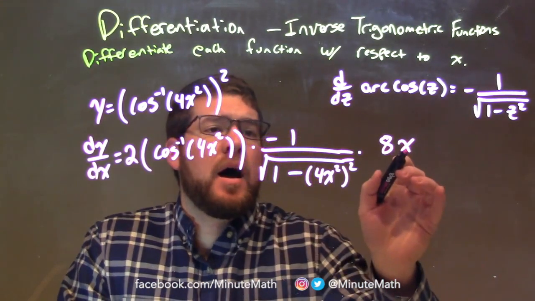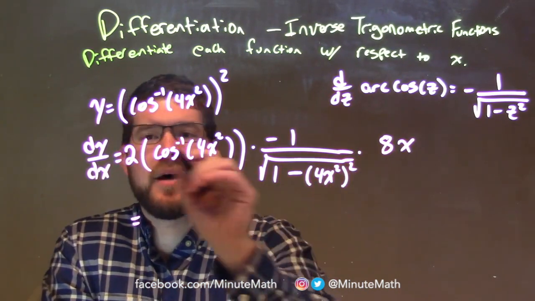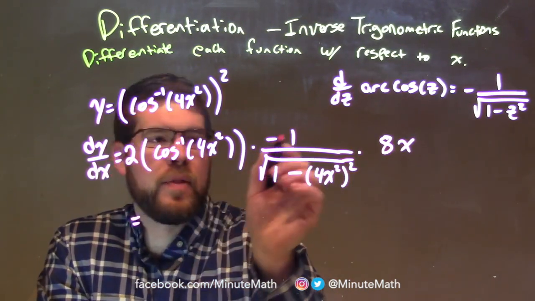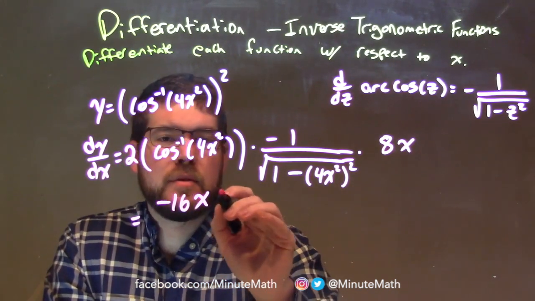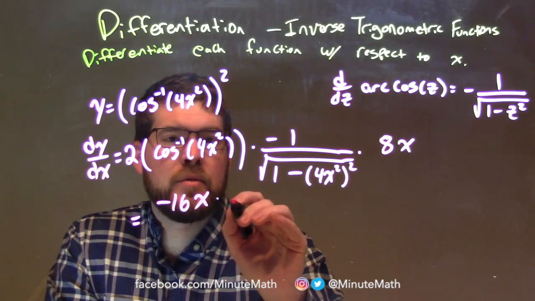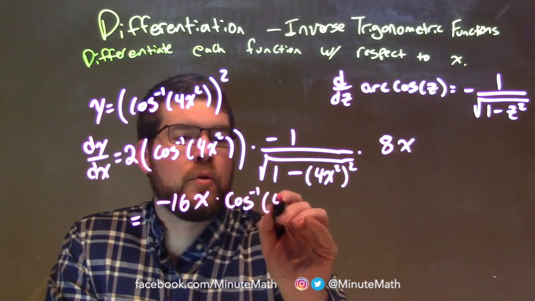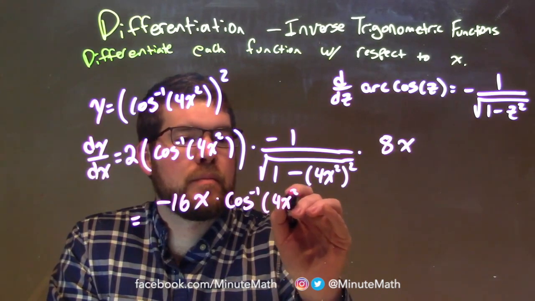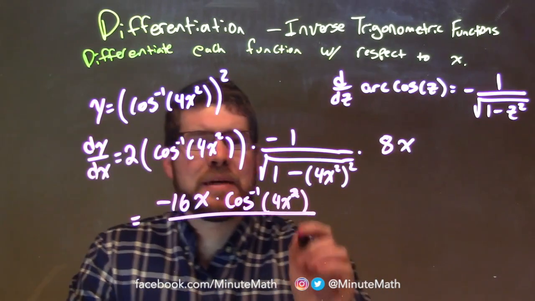8x, negative 1, 2, up top, the numerator. 8 times 2 is 16, and we have the negative out front, so we have negative 16x up there, times the arc cosine of 4x squared, all over our denominator, which we can simplify a little bit.